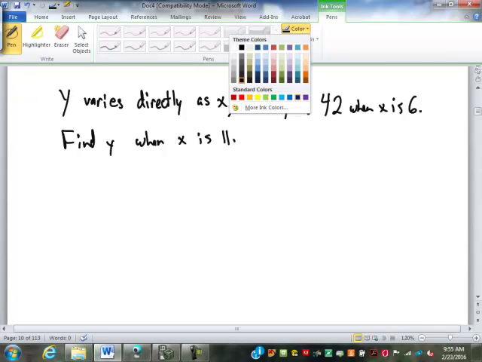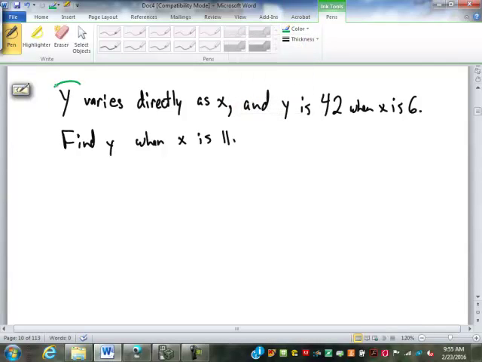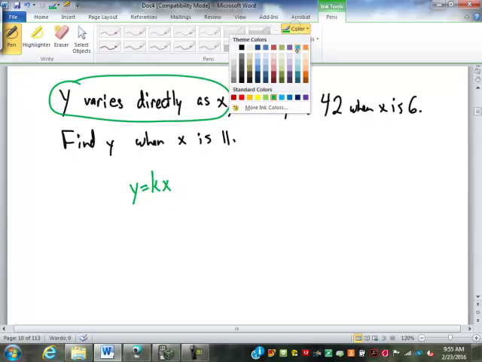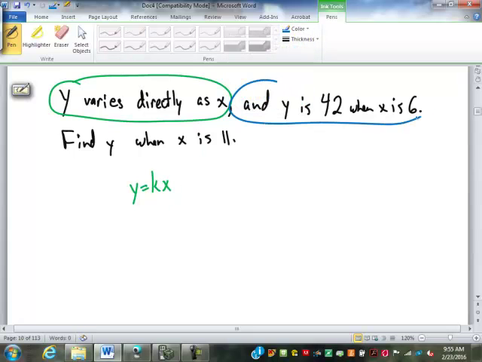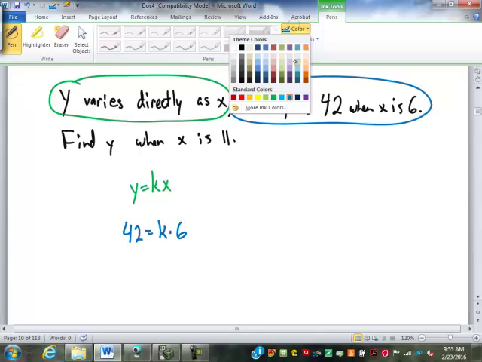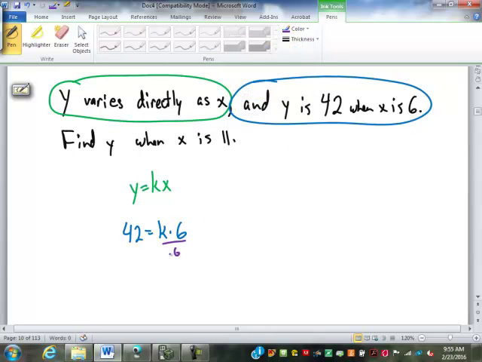Okay, so where do we start? So our generic formula is y equals kx. What do we do from there? So 42 goes in for y, k times 6 goes in for x. Divide by 6.